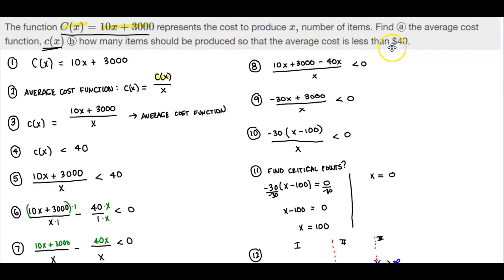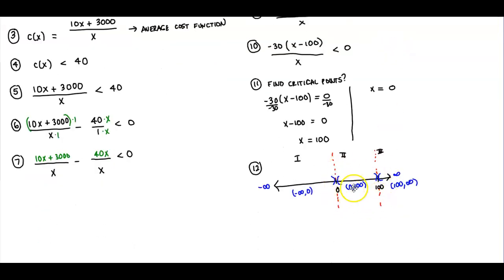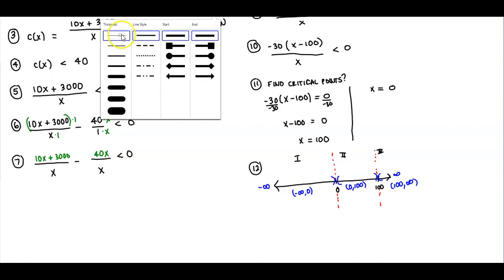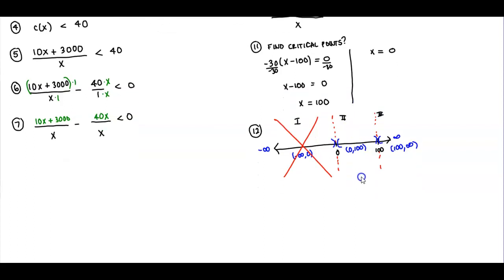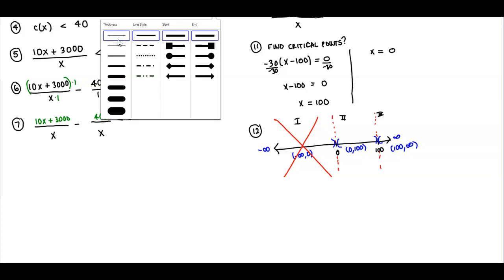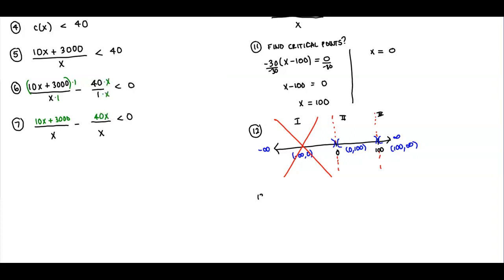Again, the question is asking how many items should be produced so that the average cost is less than 40. We don't need a testing point for region 1, because x being any negative number would cut it out. So region 1 isn't going to work. Then we check region 2.